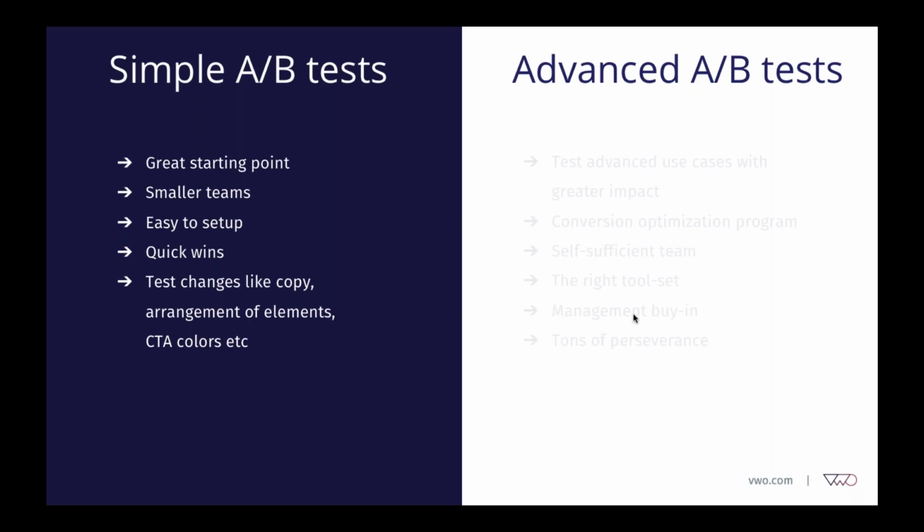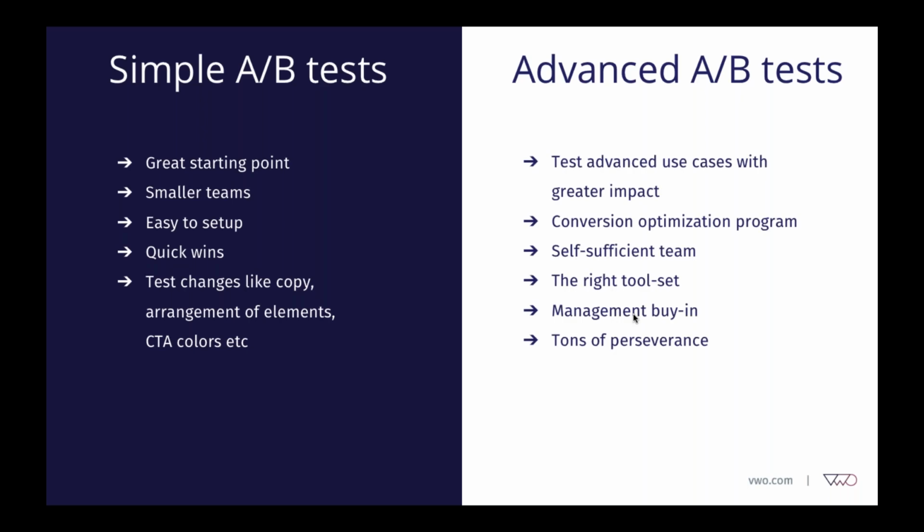For this, you need a solid conversion optimization program, the right people in your team. And so we actually spoke about how to build the right team for your conversion optimization program in the first webinar of this series. And also another important part is taking buy-in from your management. Another thing is having the right kind of tools to support this evolution to running more advanced A/B tests.